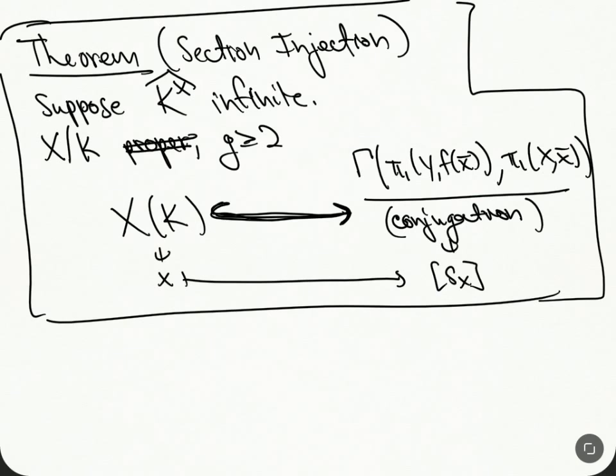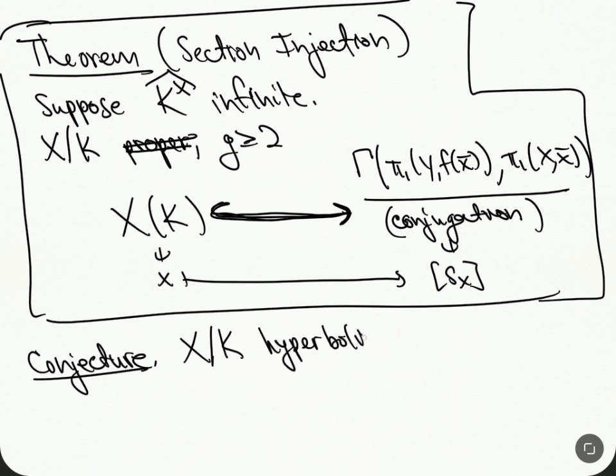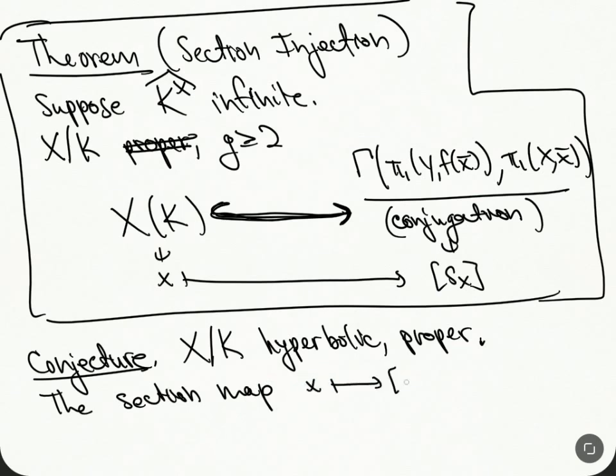Okay, so what's the section conjecture? The conjecture is that when X over k is hyperbolic and proper, then this map, the section map, X maps to S of X, where S of X is the section here, is a bijection.